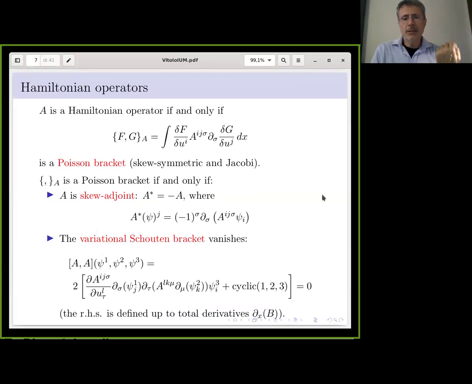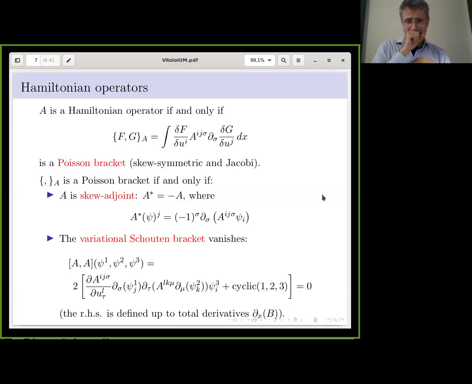This is not really important in the sense that we require further properties, in particular skew adjointness of the operator, in such a way that the Poisson bracket is skew symmetric. This is very important. And we would like also that the Poisson bracket fulfills the Jacobi identity.